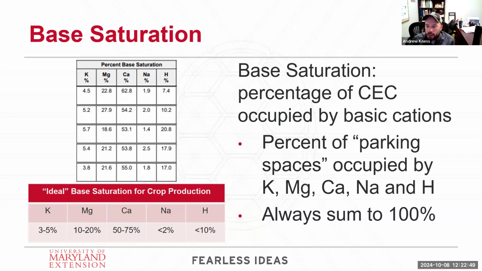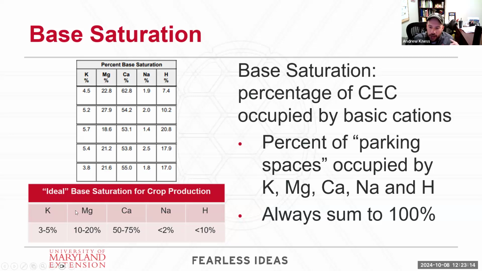Now, you can influence these numbers by different management practices. For example, when you lime your soil, you're going to bring down your percentage base saturation of hydrogen, all right? Likewise, if you lime with, say, calcitic limestone, calcium carbonate, you're going to bump up the percentage of calcium on your exchange sites.